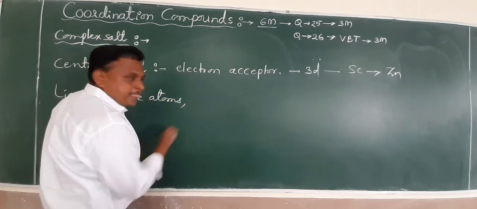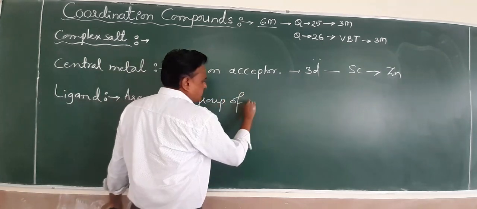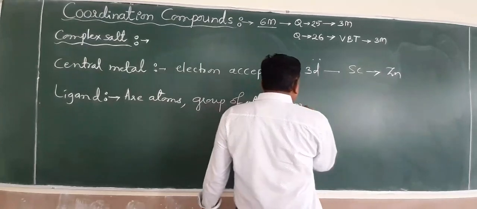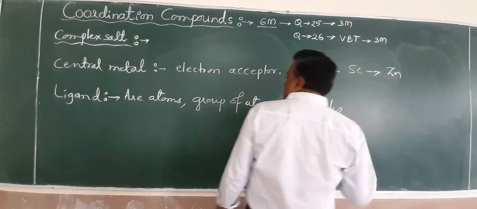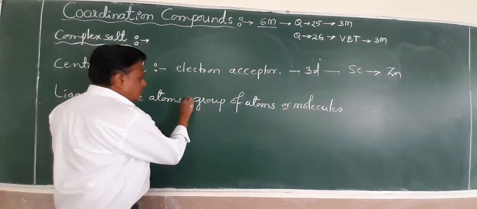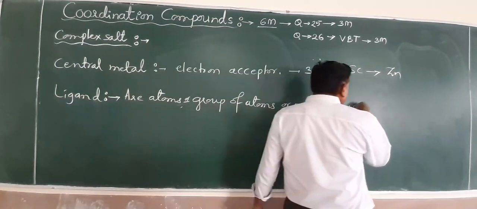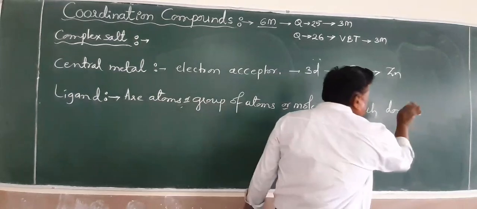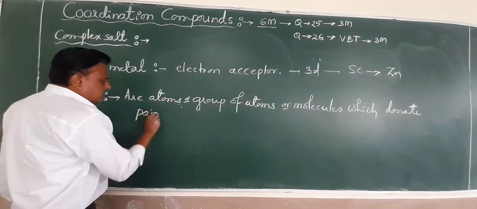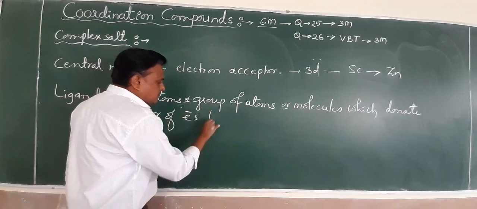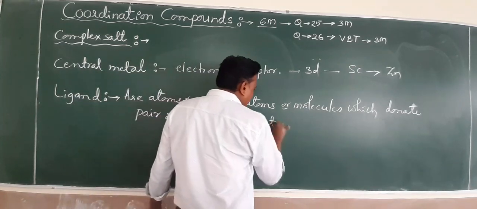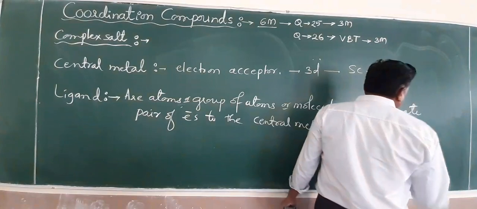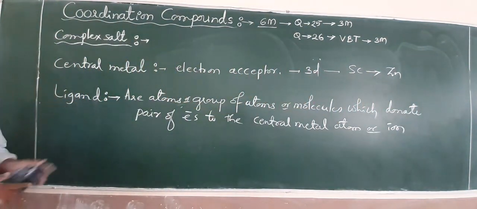Ligands are atoms, a group of atoms, or molecules which donate, very important, a pair of electrons to the central metal atom or ion.